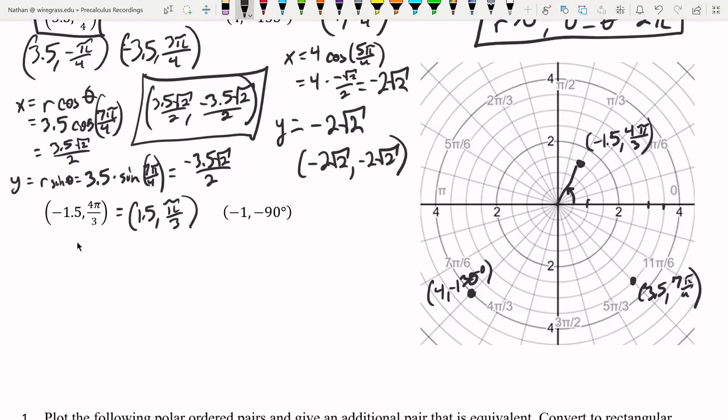Okay, let's write this in Cartesian coordinates, or the rectangular coordinates. So we have x equals 1.5 cosine pi over 3. Cosine of that is going to be 1/2. So we're going to get 1.5 over 2, which is the same thing as 0.75 or 3 over 4. Same thing.